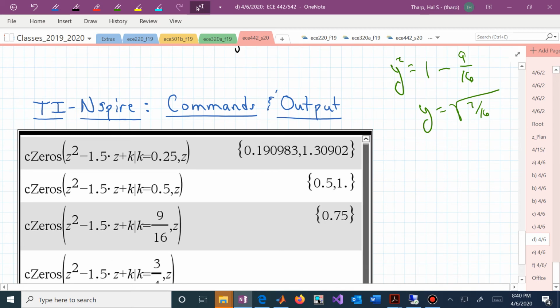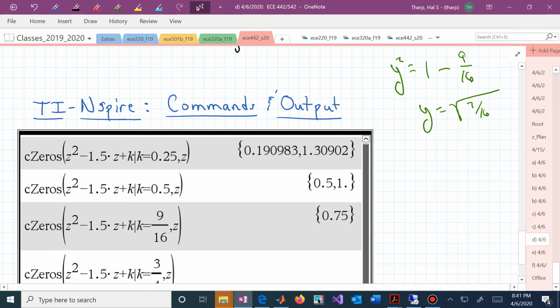We could do the complex zeros. Here's our parameterized closed loop pole polynomial of z squared minus 1.5z plus k. The vertical line says evaluate that expression when k is equal to 0.25 and solve for the values of z that make that expression 0, allowing for complex zeros, and that's where these points come from.